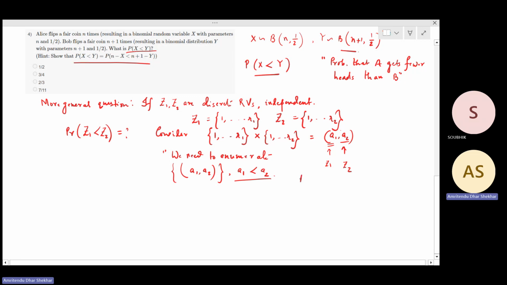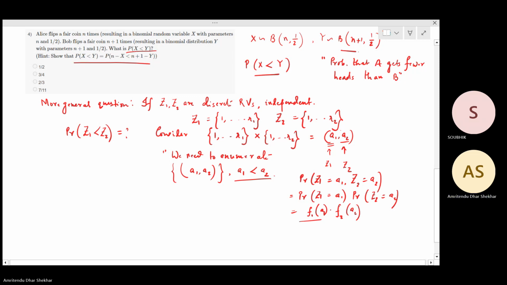The probability that Z1 takes A1 and Z2 takes A2, because Z1 and Z2 are independent by assumption, equals the probability of Z1 equals A1 times the probability of Z2 equals A2. For simplicity, write it as F1 of A1 times F2 of A2, where F1 of A1 is the probability Z1 equals A1.